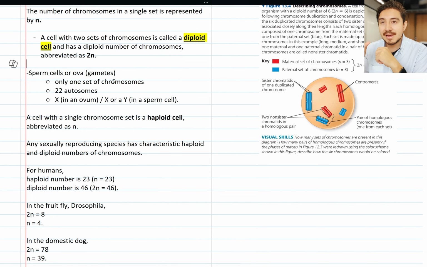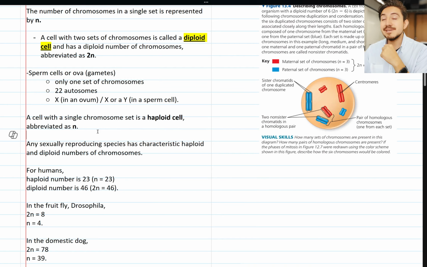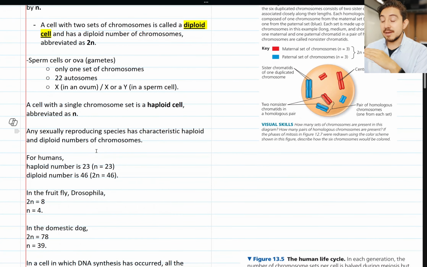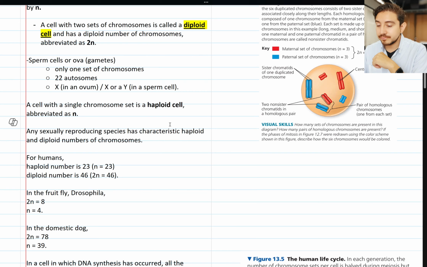You can think about haploid as half the number of chromosomes, and it's abbreviated as N. So I want to establish that our normal body cells are 2N in terms of chromosome sets. We have two sets of chromosomes. Only our sex cells have half that number, which is just N. We only have one set of chromosomes.